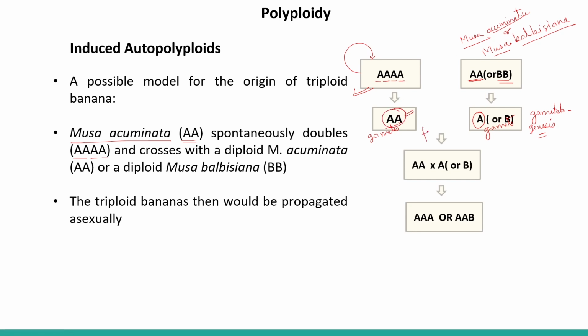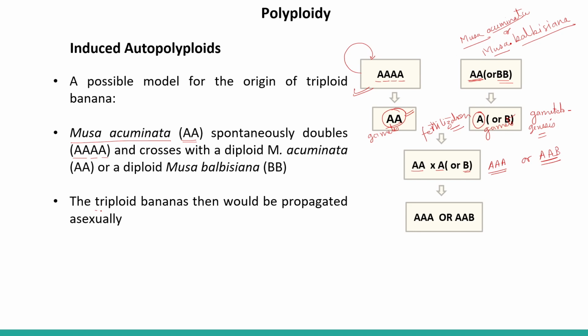And when there is fertilization, this capital A will fuse with capital A, or if it is Musa balbisiana, then it will be capital B. So here we can have a capital A combination, or a capital A capital B combination.